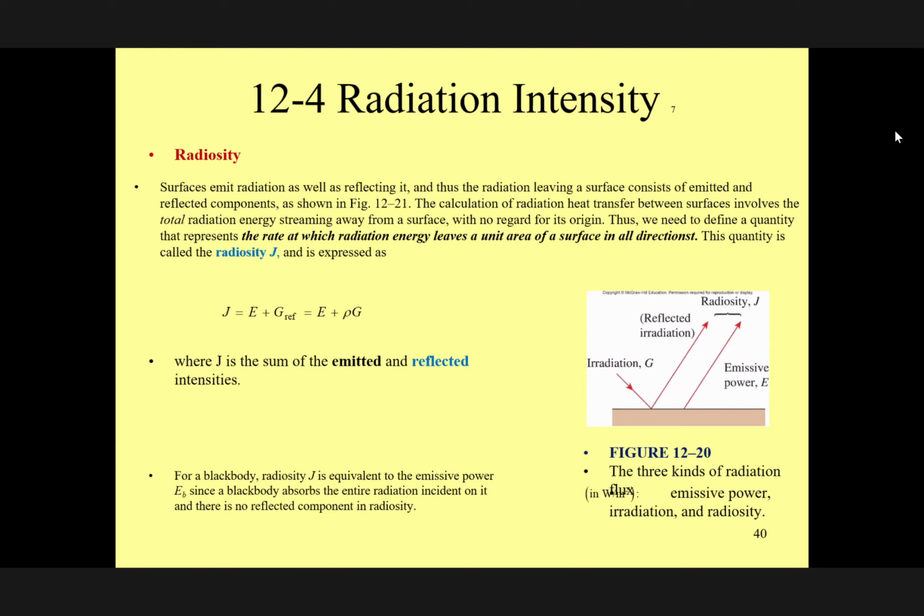A black body absorbs all the radiation, the temperature will increase and it emits it back. For a black body, radiosity equals emissive power, J equals Eb, because we assume there's no reflection, since it absorbs all the radiation. That's the definition of a black body. Alpha is equal to 1. Right, my friend?